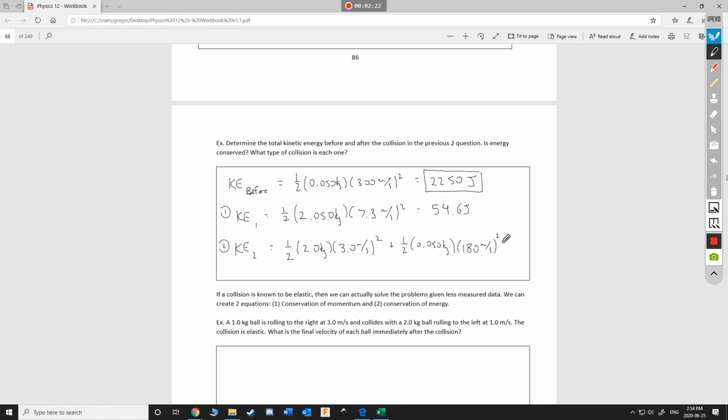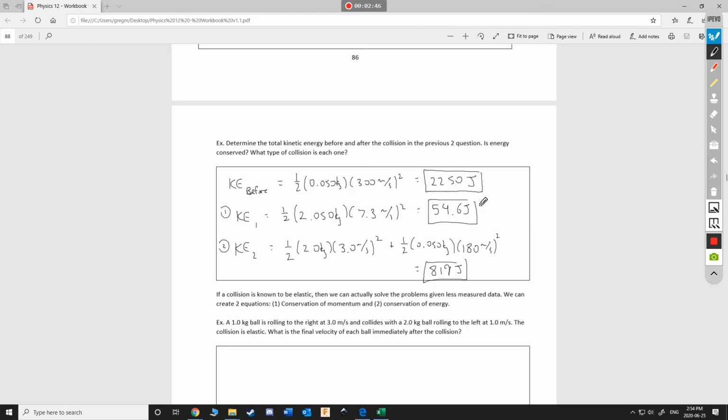So the block itself, minuscule. Still a little bit, but pretty minuscule in the grand scheme of things. And we get around 819 joules of energy.